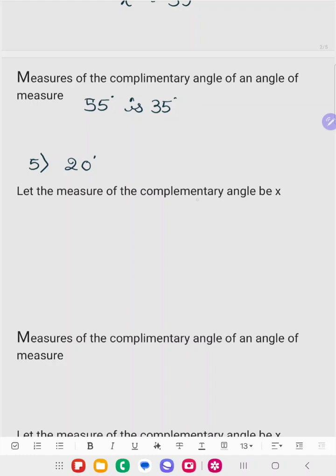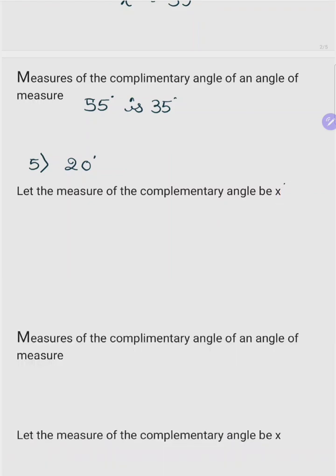Let the measure of the complement angle be x degree. Then x degree plus 20 degree is equal to 90 degree. So x degree is equal to 90 degree minus 20 degree. 90 minus 20, how much is it? 70 degree.